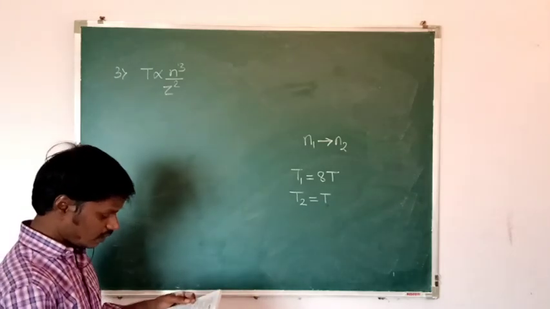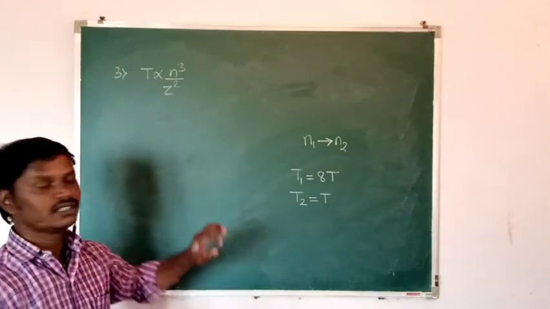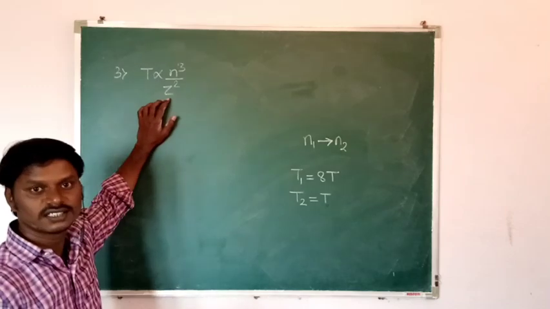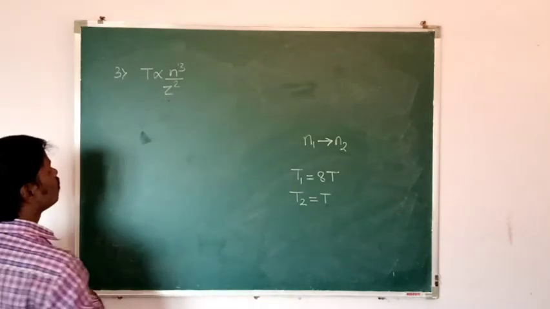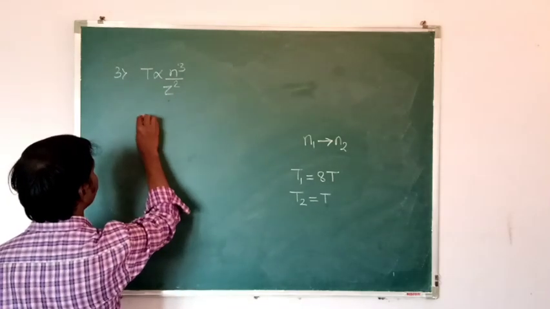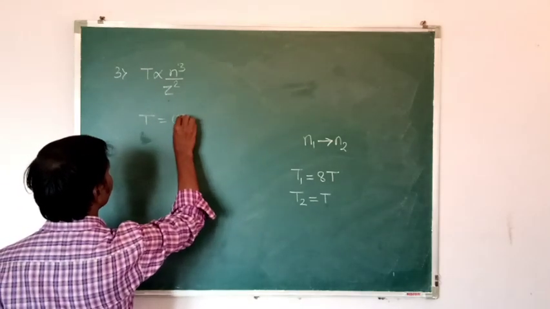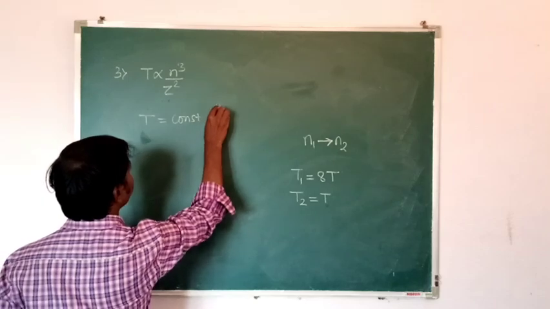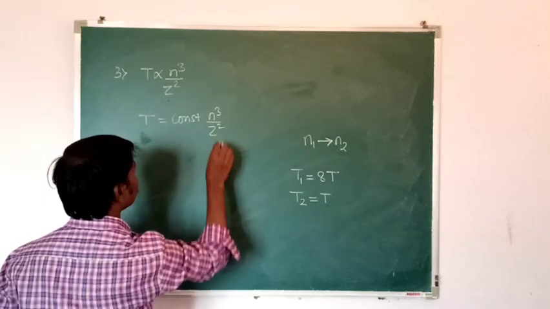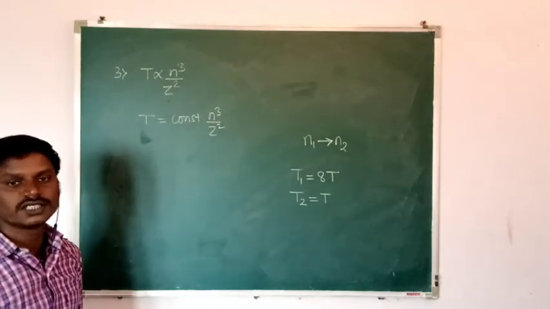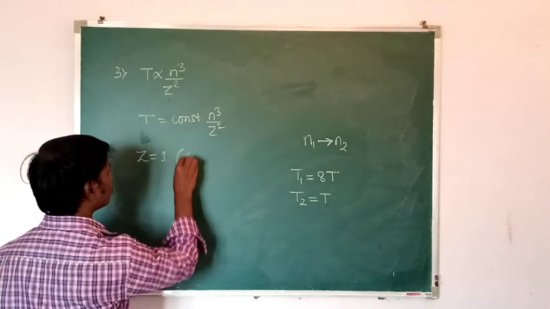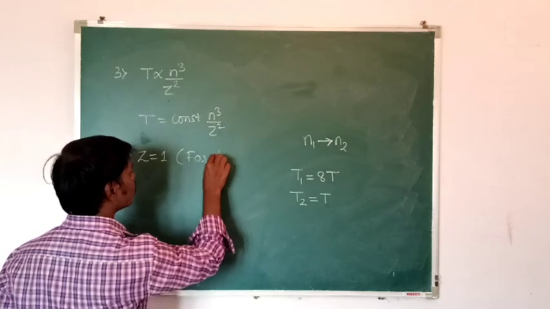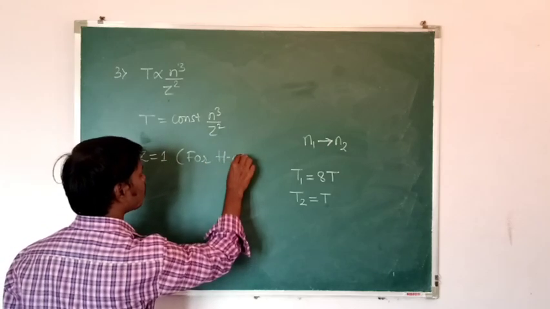Then a hydrogen atom is given. How many protons are present in the hydrogen nucleus? That is only one proton. Then I will remove this proportionality by using a constant, that is T is equal to constant into n cube divided by Z square. But for the hydrogen atom, Z value is 1, because there is only one proton present in the hydrogen nucleus.